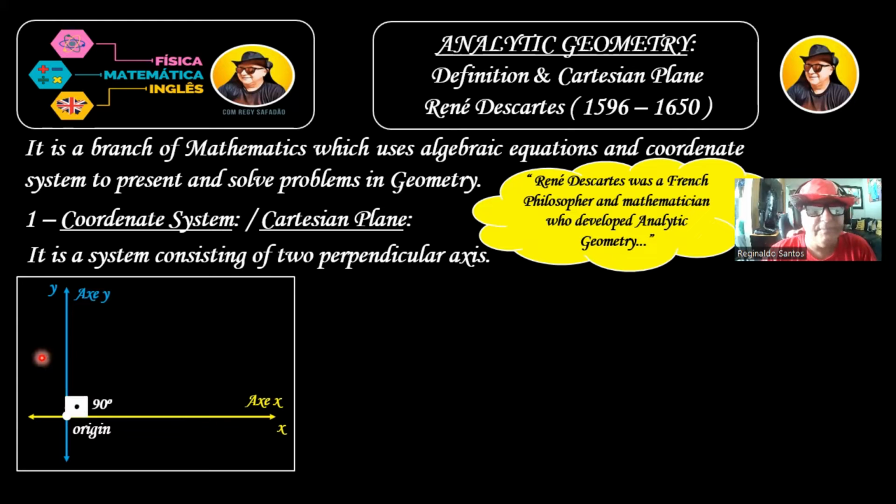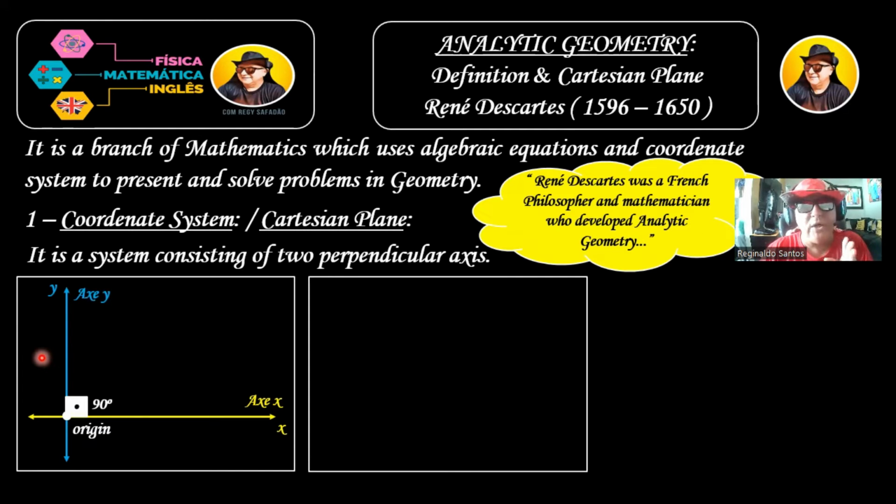When you draw a Cartesian plane, you find 4 different regions, and these 4 regions are also called quadrants. They must be counted counterclockwise. So this is the first region or first quadrant, this is the second one, the third one, and the fourth one.